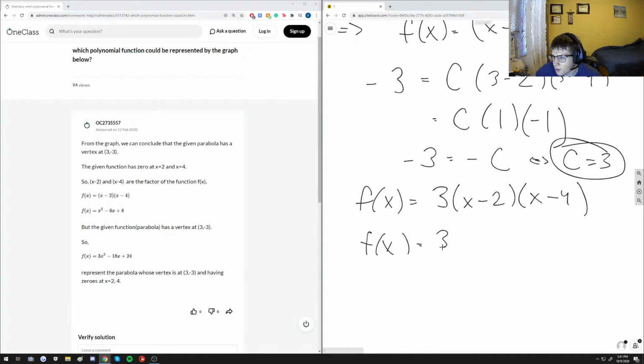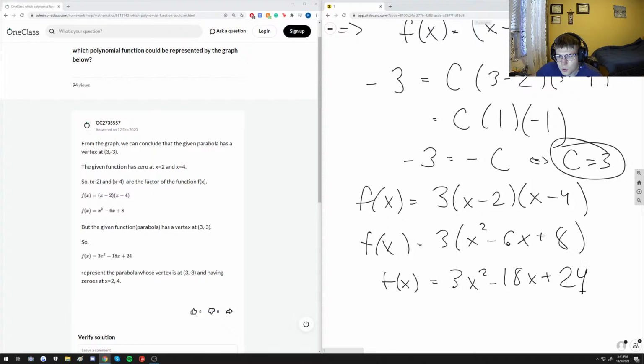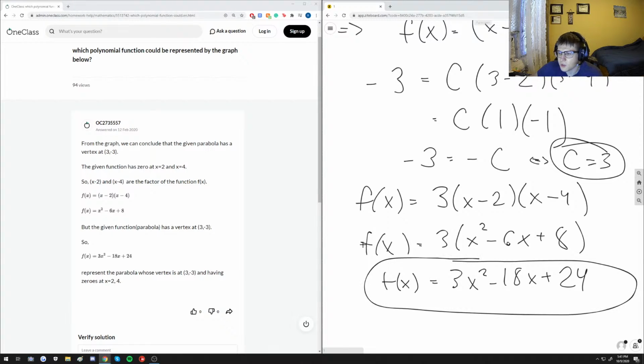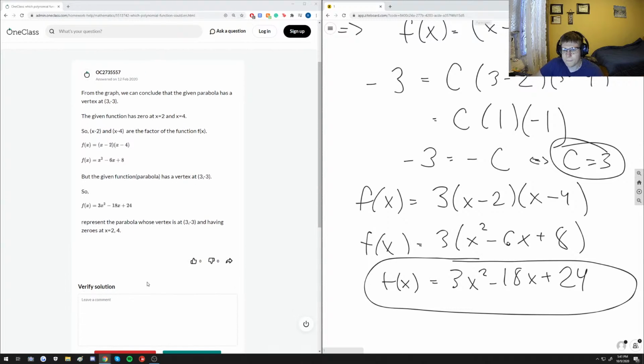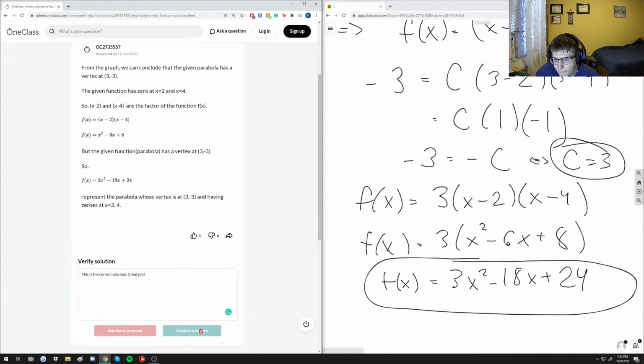We get 3 times (x squared minus 6x plus 8), so f of x is 3x squared minus 18x plus 24, which is the correct answer as given right here. So I'm going to write that this is the correct solution. Great job. And that concludes number 3.